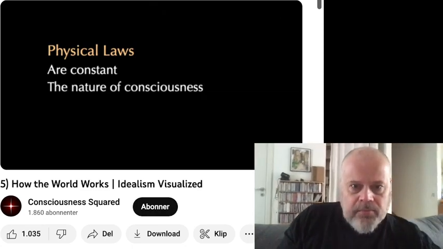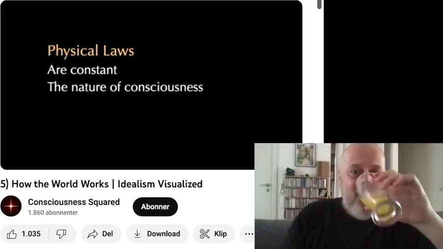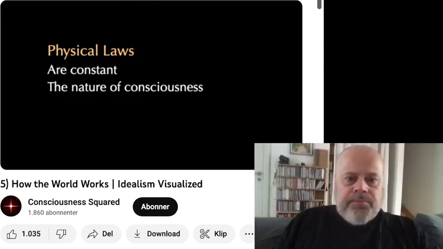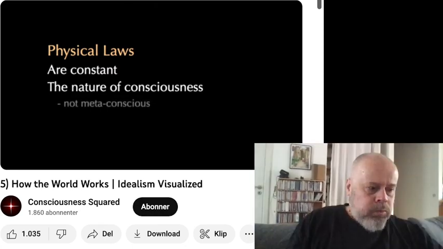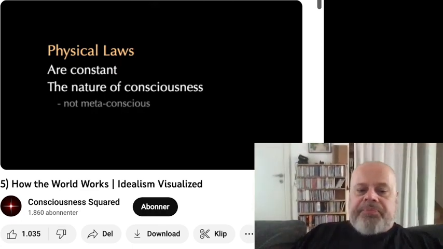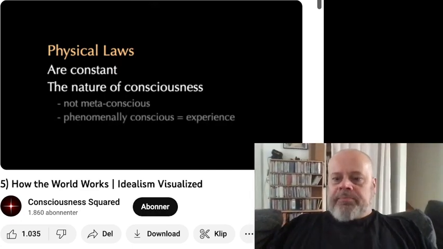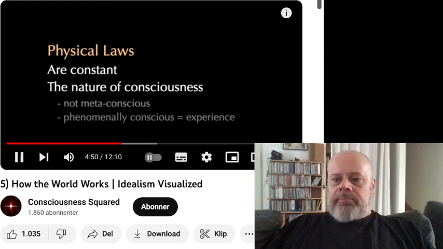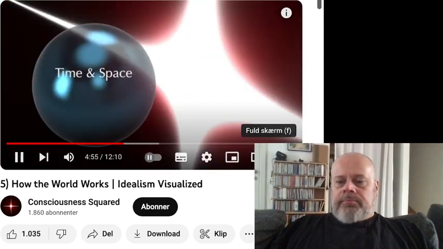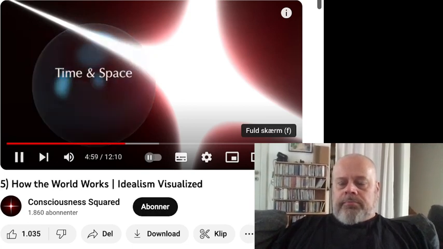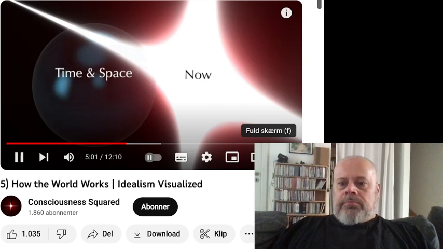This constancy likely means that universal consciousness does not possess self-reflective meta-consciousness, knowledge of its own awareness, as we acquired through evolution, but rather it is only phenomenally conscious. It experiences. Time and space exist only as useful constructs within our minds, as universal consciousness has neither, only an ever-present now.